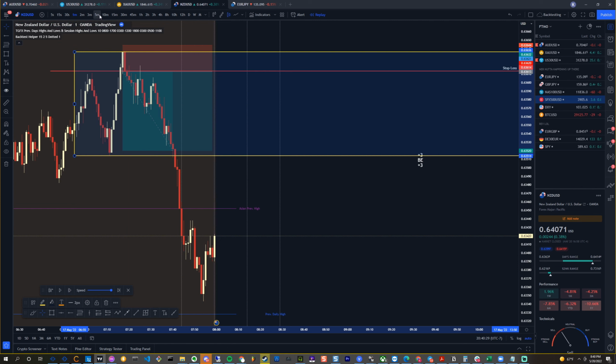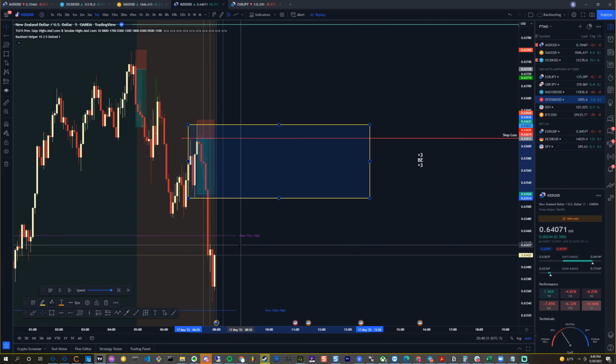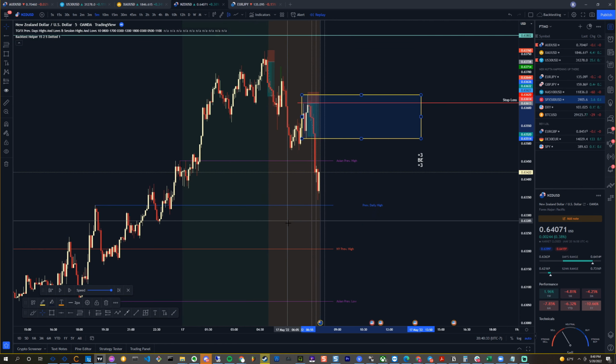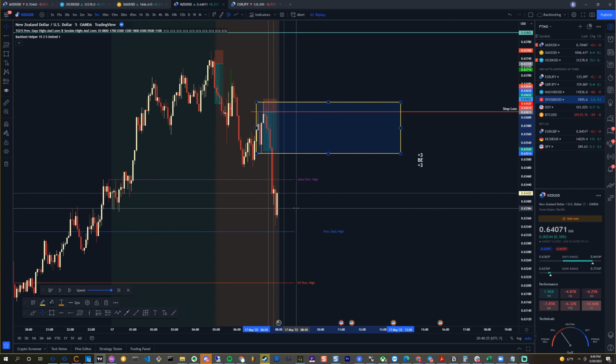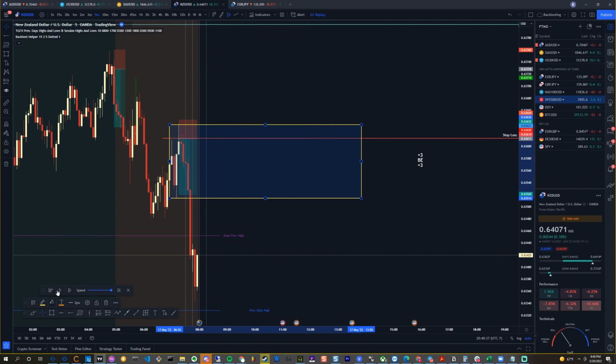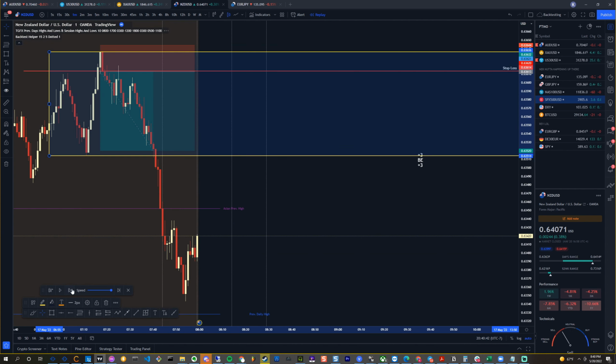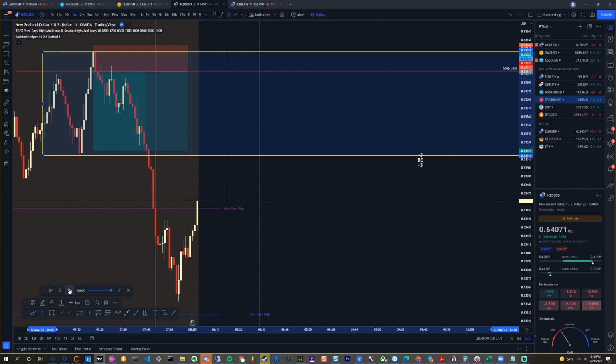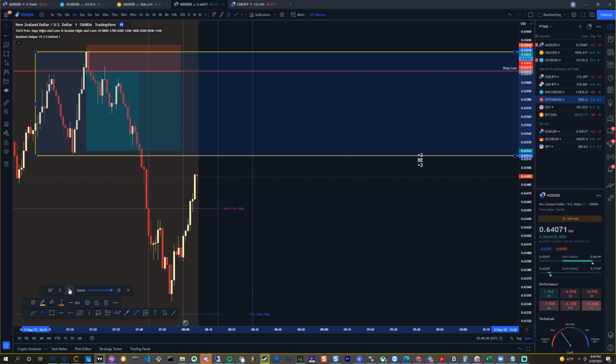Okay, where are we at now? Is this a 5-minute? So we are kind of playing around this 5-minute zone of supply here, but let's just keep going. Let's see what happens. No rejection, easy decisions.